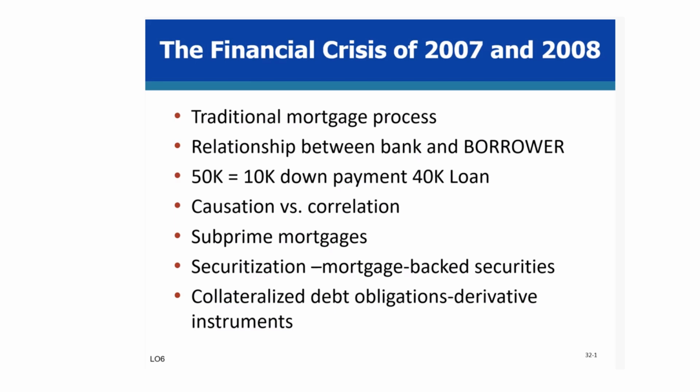Now, AIG was a big participant in the next idea here, collateralized debt obligations. First, what do we mean by a derivative instrument? A derivative instrument is a financial instrument which derives its value from another financial instrument.